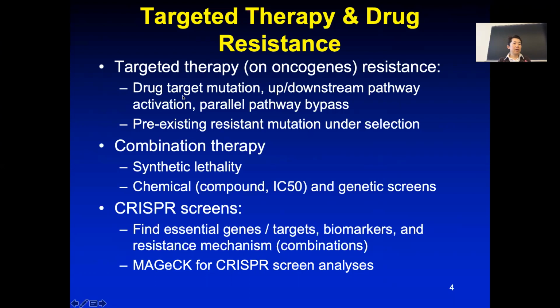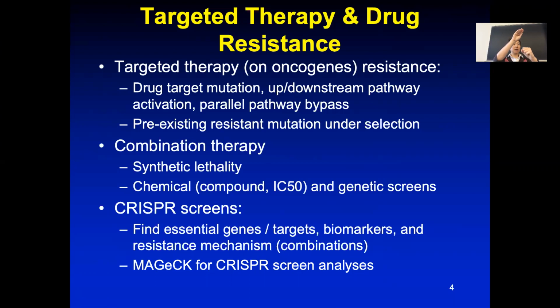One is they create a mutation right at the drug target location, preventing the drug from going to that enzymatic pocket anymore. These are called gatekeeper mutations, right? The other ones are, supposedly this is a gene and it's on some pathway.